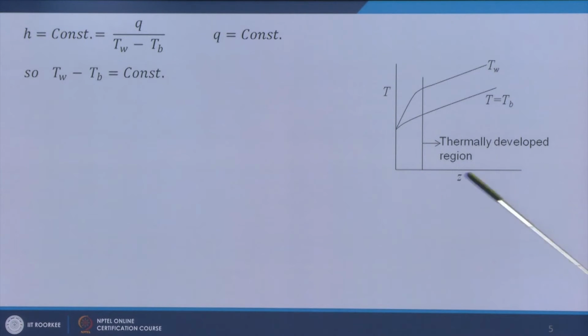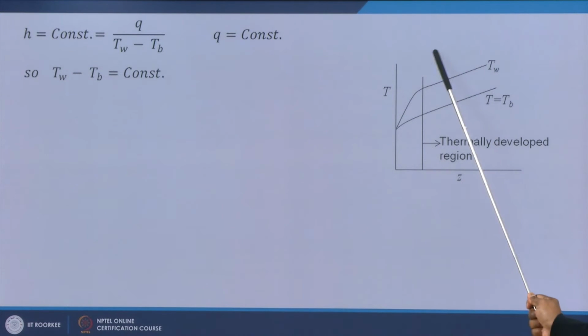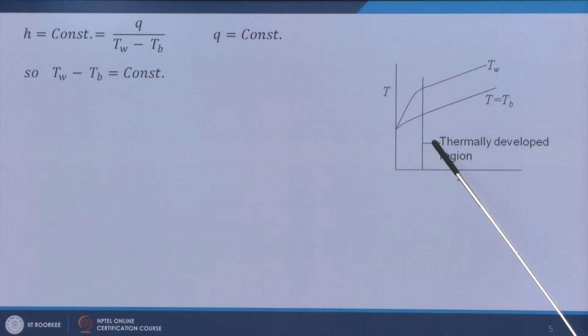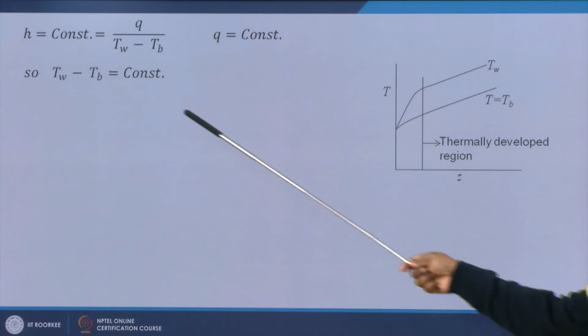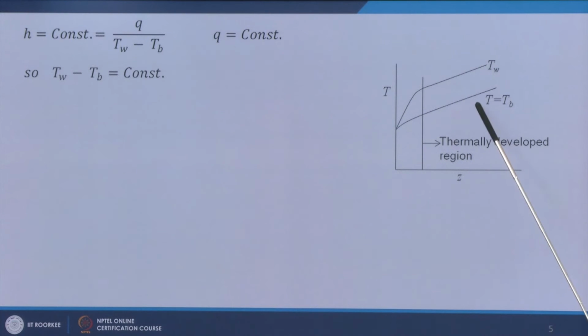Let us say this is the z axial direction of the tube, and here I plot T. After this entrance length, that means the thermally developed region, due to the supply of heat flux, the bulk temperature is changing, as well as the wall temperature, keeping the gap always constant. T_w minus T_b is always constant.